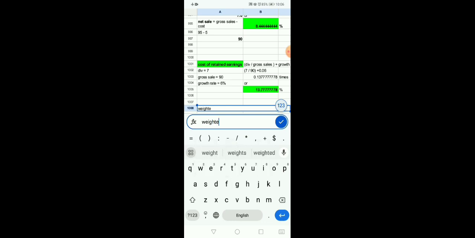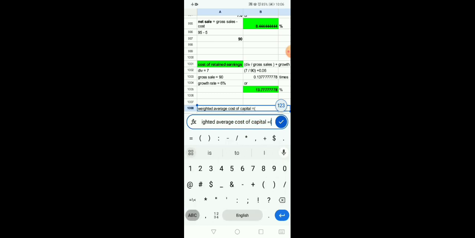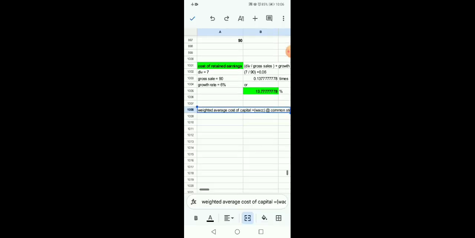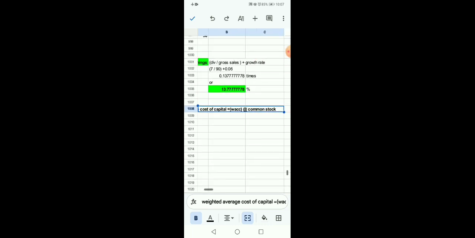So the weighted average cost of capital, which is actually WACC, would be calculated in two ways: according to common stock, and then we will calculate the same weighted average cost of capital according to retained earning. Up to now we will be calculating weighted average cost of capital according to common stock.